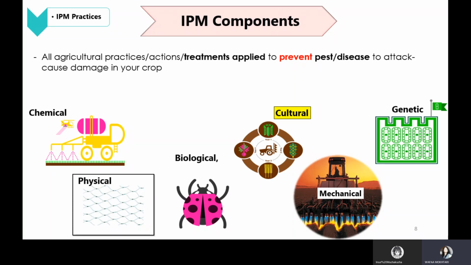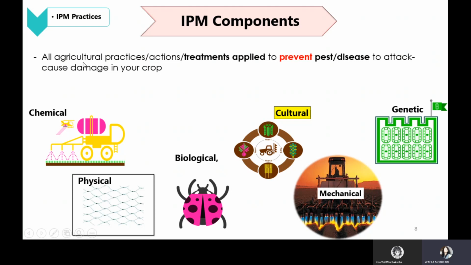So before you have much more damage in your crop, if you make those practices in real time, this will reduce the probability of risk that your crop is damaged by this pest or this disease.